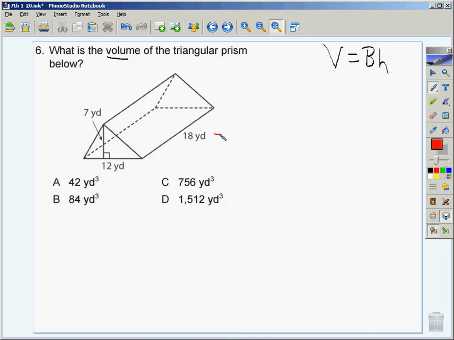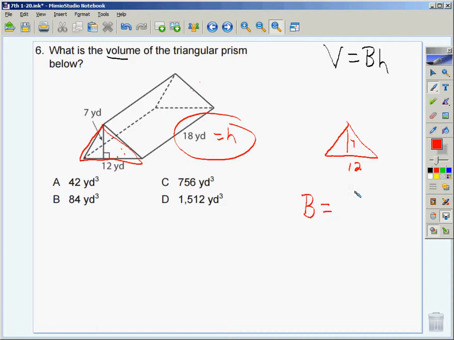The height is the distance between the two parallel congruent faces, which means the triangle is the base, and that's the piece that I'm going to separate out. This was 12. This was 7.